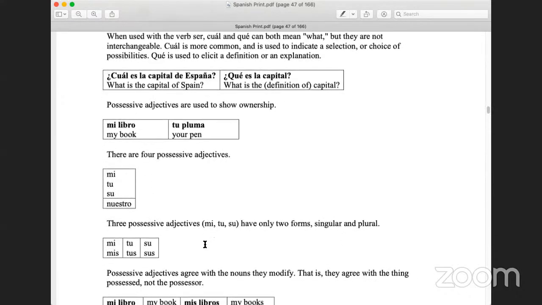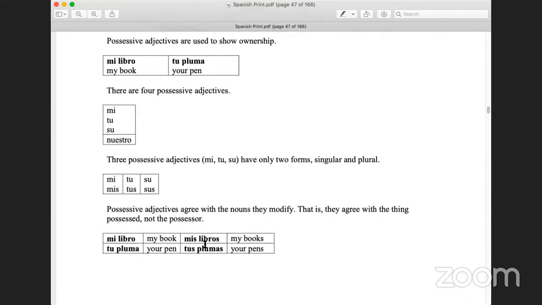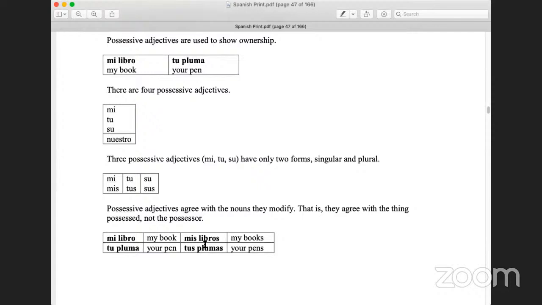Okay. Anyway, possessive adjectives are used to show ownership. Mi libro, my book. Tu pluma, your pen.